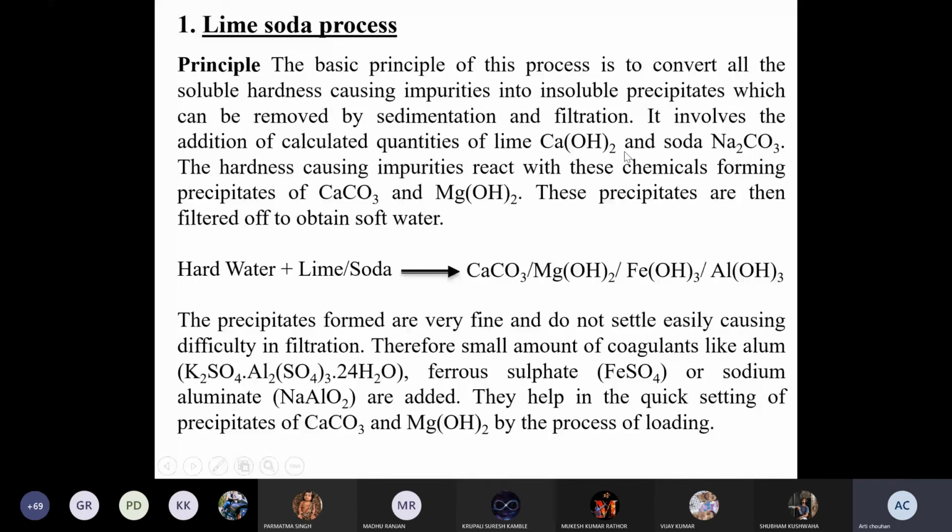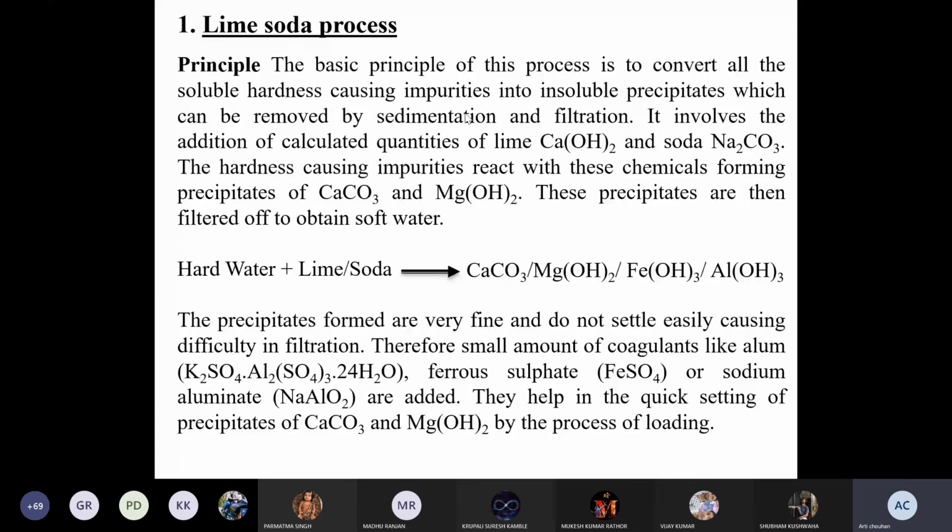Before adding, you have to find out the exact quantity by calculation. We will discuss how to calculate that amount depending on the various kinds of hardness present in your water sample.